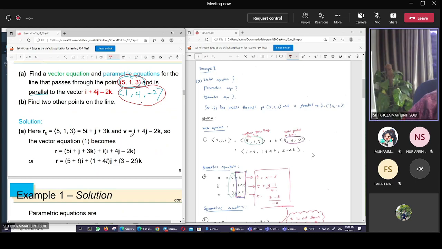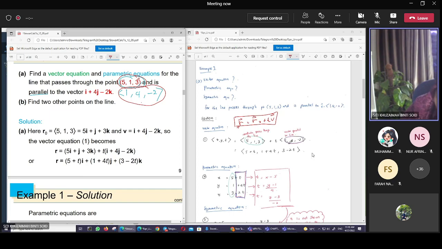In the formula we start from the vector equation. We know that r equals r0 plus tv. So r is (x, y, z), and this coordinate is the position vector, so (5, 1, 3), written in vector form, plus t times v, which is the parallel vector, given in vector form.